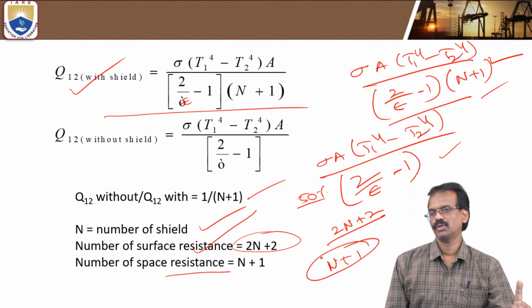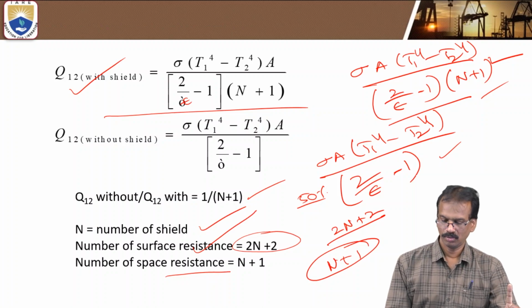So for one shield, there are 4 surface resistances and 2 space resistances.